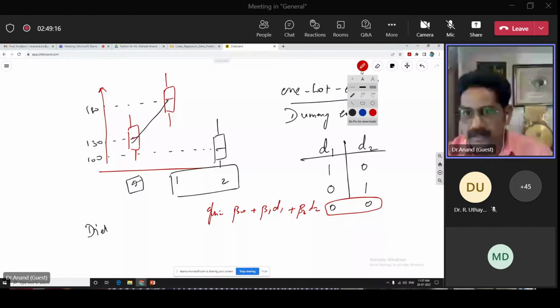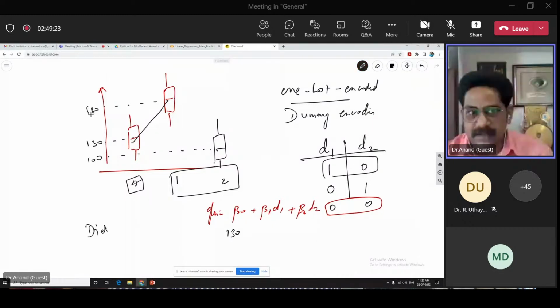For diet plan 1, what is the blood glucose level? Average is 180. So from 130, my beta 1 should be 50, because when you plug in 1, 0, the other term is cancelled. So 130 plus 50 yields 180 correctly.